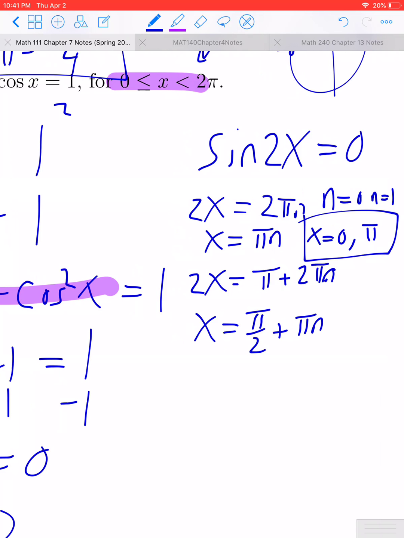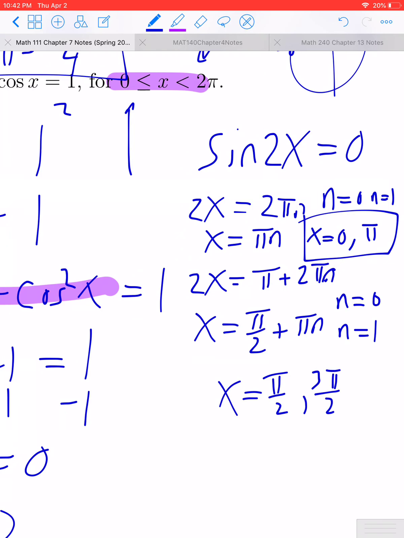If we come down here, again, n is not going to be allowed to be negative, because that would produce negative values of x, and x is supposed to be greater than or equal to 0. If n is 0, we get one solution: x equals pi over 2. When n is equal to 1, we get pi over 2 plus pi, which would be 3 pi over 2.